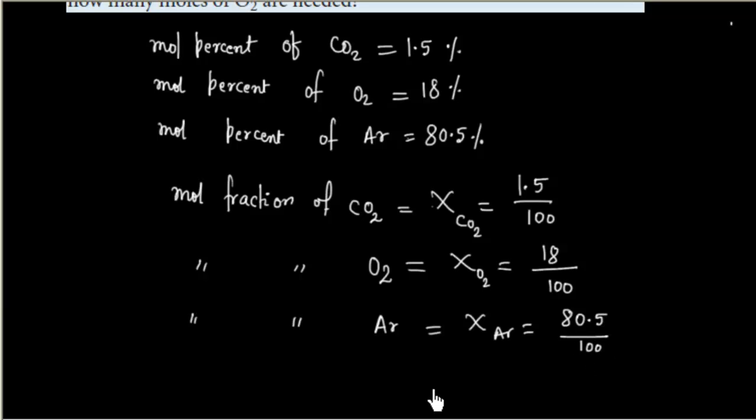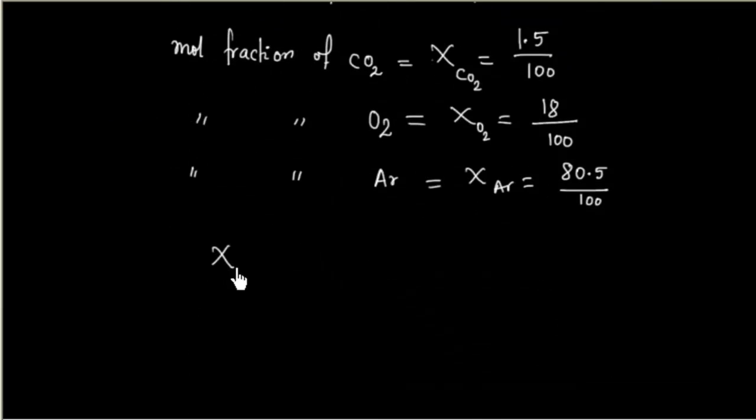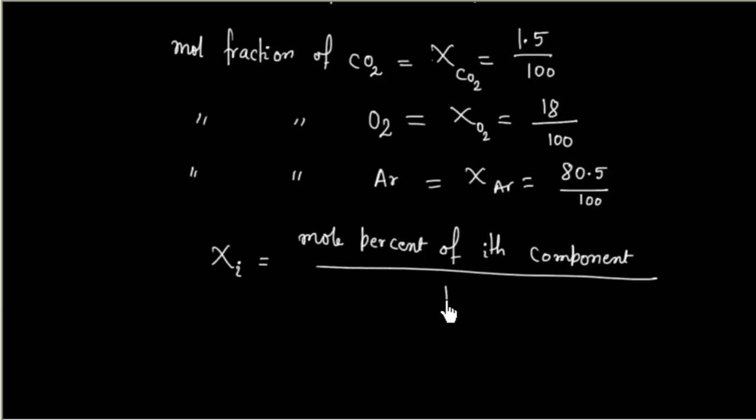So if mole percent is given, I have a formula: mole fraction of the ith component is equal to the mole percent of the ith component divided by 100. This will give you the mole fraction.